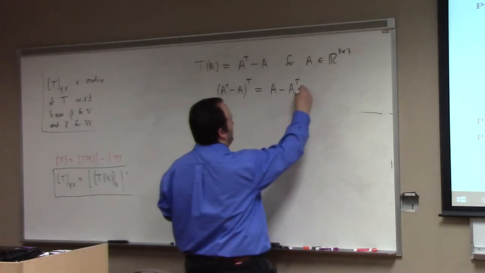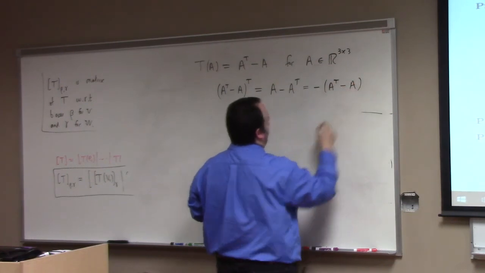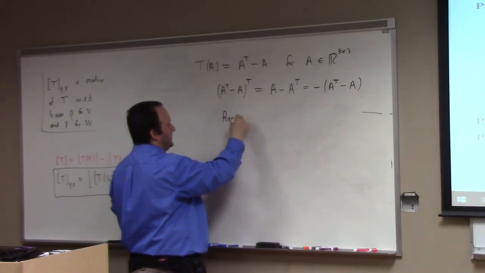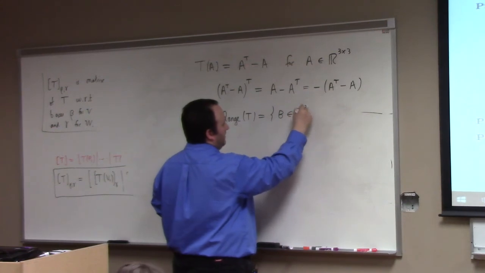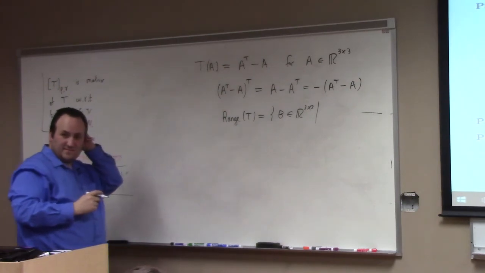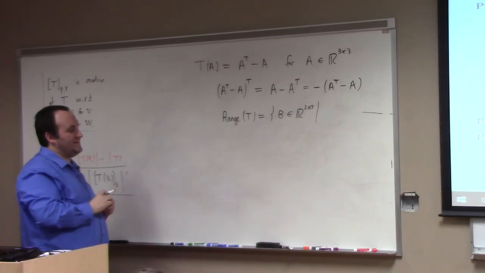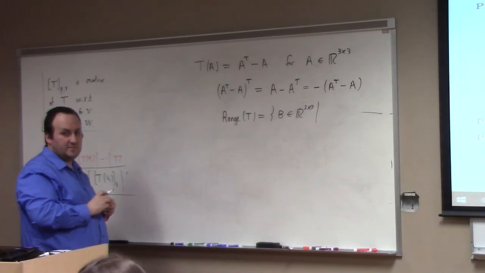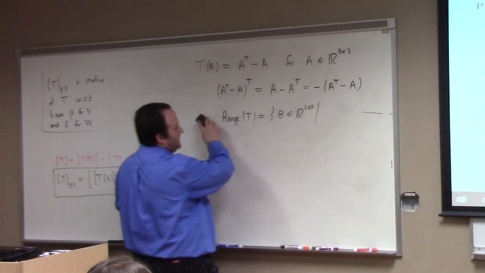Oh, so this is, yeah, okay, so that's minus A transpose minus A, right? So apparently the range of T here, can you describe it in words? It's B such that what? Well, I guess I don't know it's all of this, but it certainly is a subset of the antisymmetric matrices, right? Okay. All right, but this gets us so far.